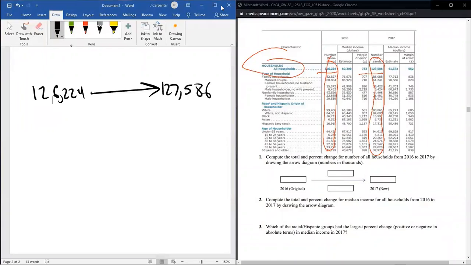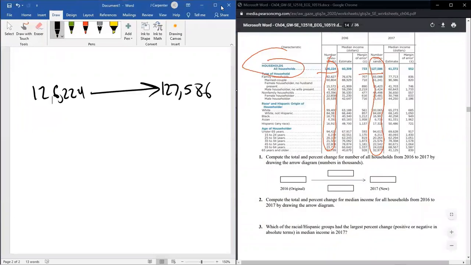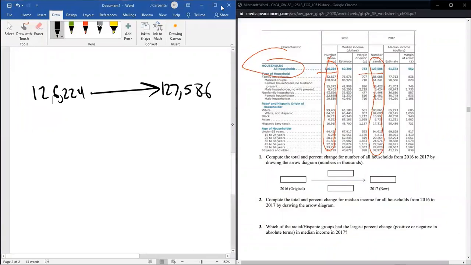That's our old and our new, 2016, 2017. Then we can find our total change and percent change by subtracting and then doing a ratio. So we go down here and do our work. Our total change is the difference of those, 127,586 minus 126,224. And if you do that math, again, I'm running short on time, so I'm not pulling out a calculator.